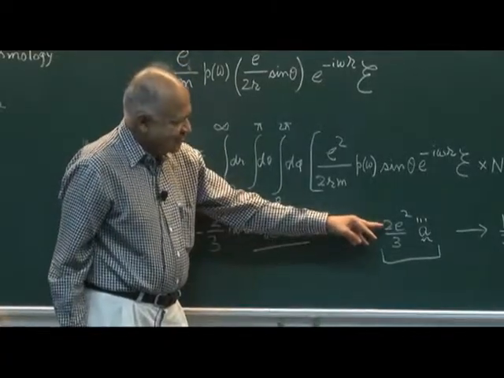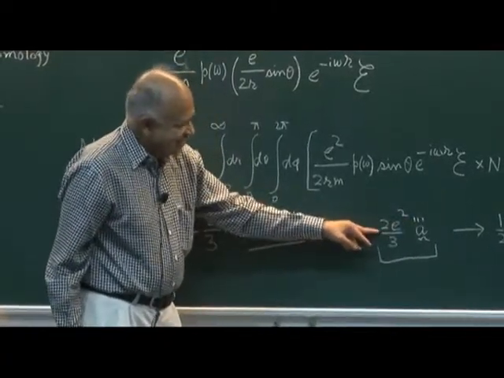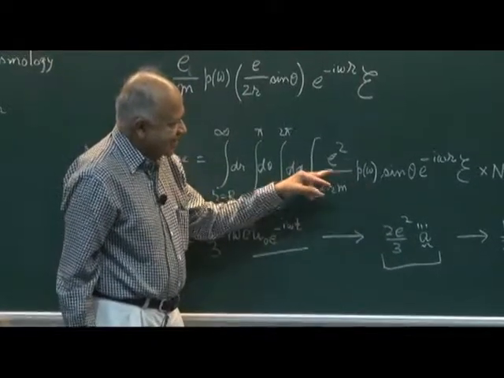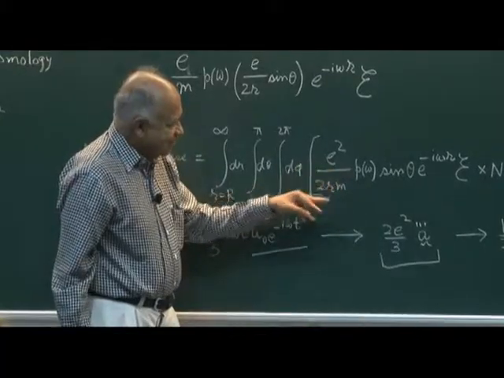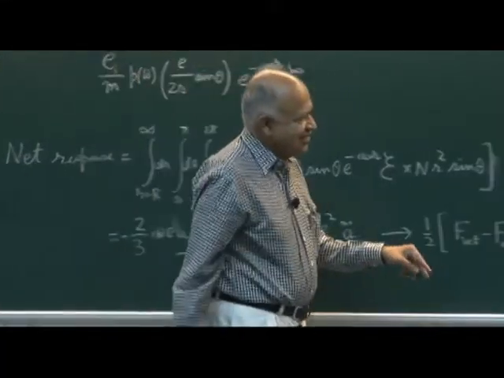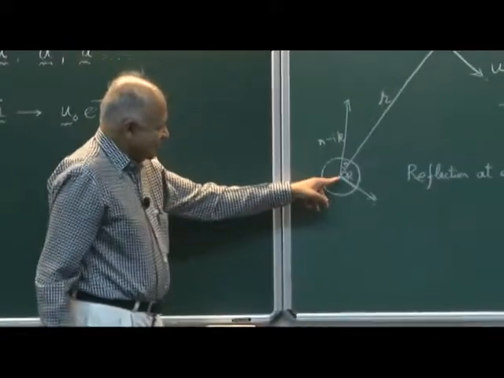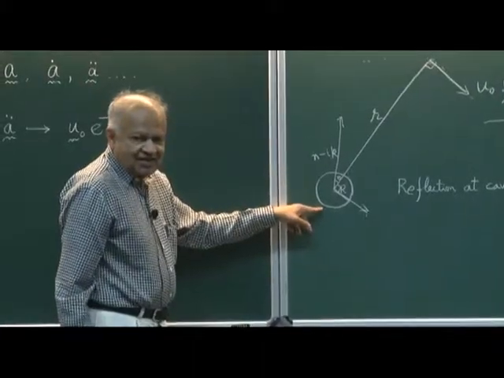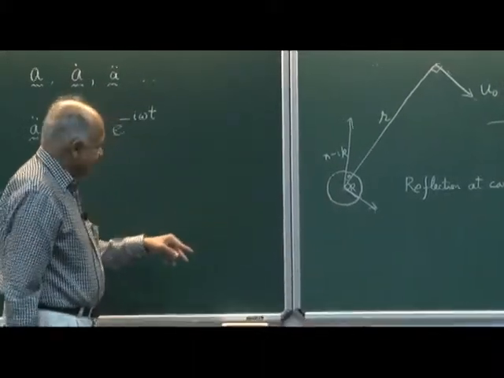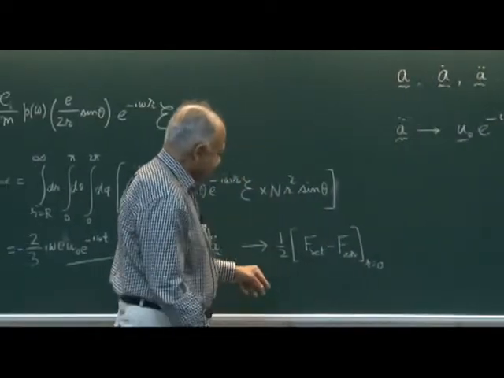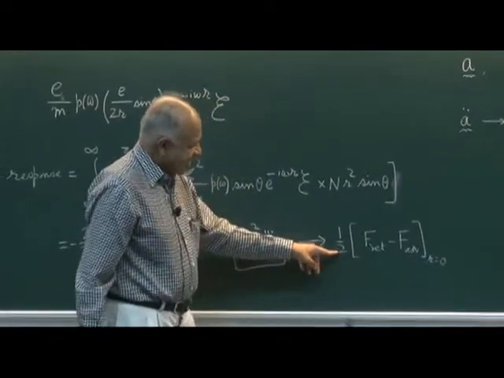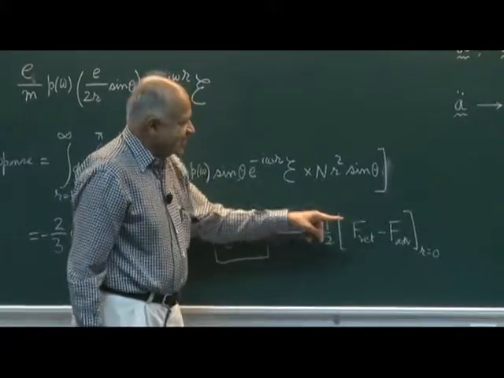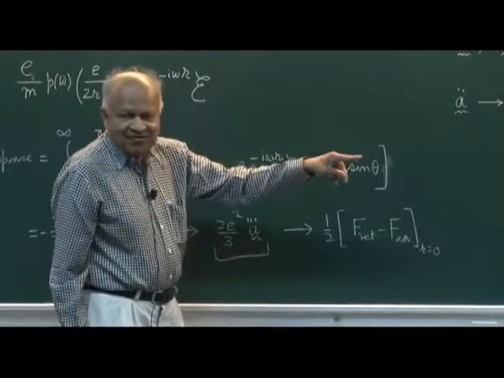So, you got this result, and if you actually do this calculation not at r equal to 0, that is, we calculated the effect right at this point, but if you do it at a nearby point, that calculation can also be done, then you find that it comes as half of f retarded minus f advanced, where retarded and advanced fields are emitted by that original source charge.